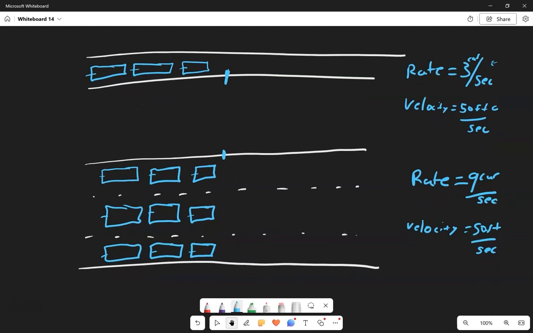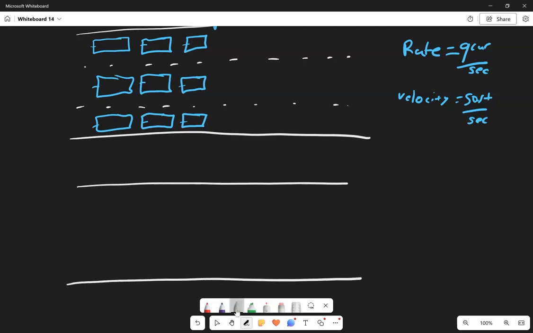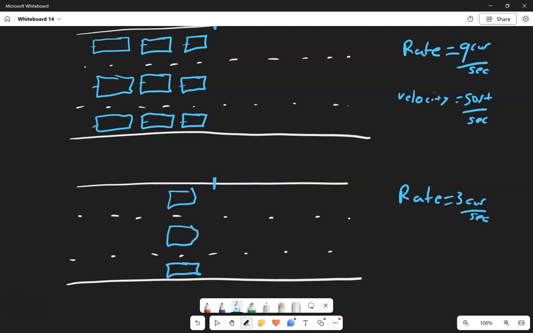So if I want to keep my flow rate the same, what happens if I want the rate to stay the same as the first, which was 3 cars per second? But I still have my 3-lane highway. But this time, going past this point, I only want 3 cars per second. What do I have to do? I have to decrease my velocity by 1/3.